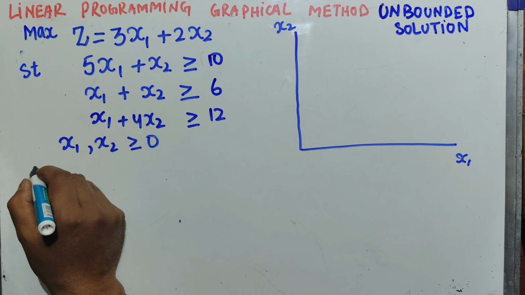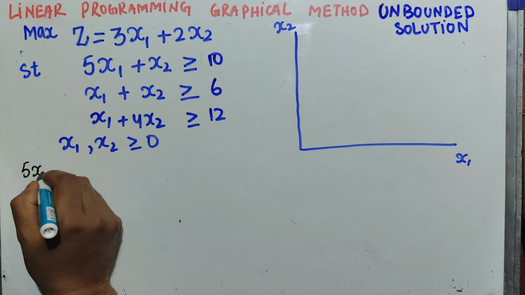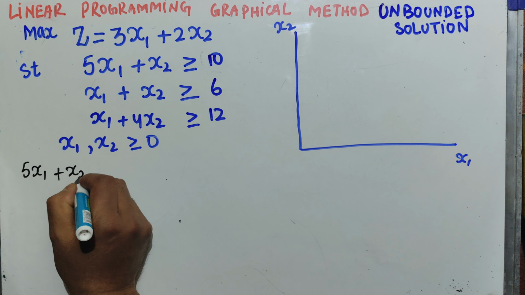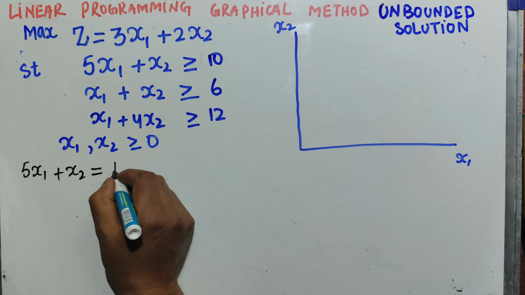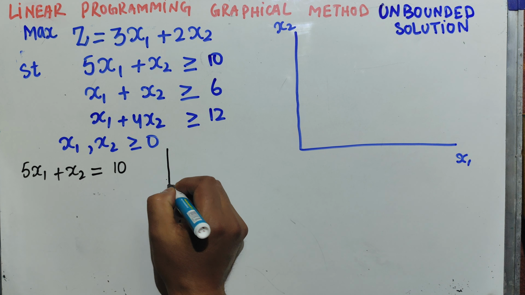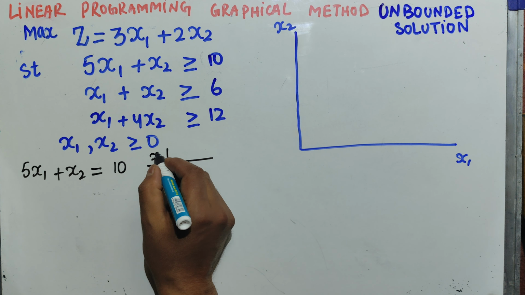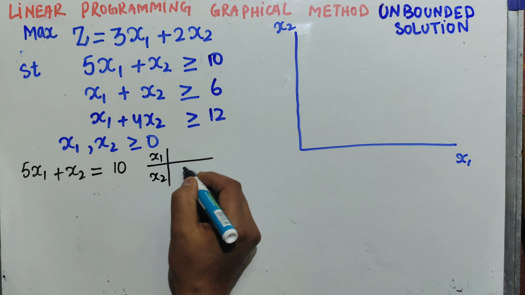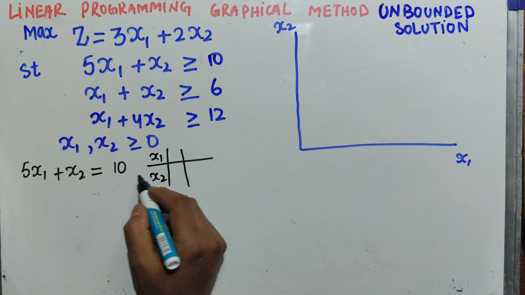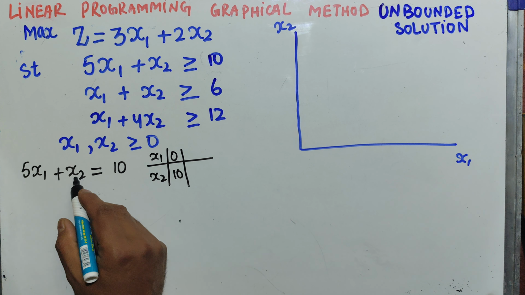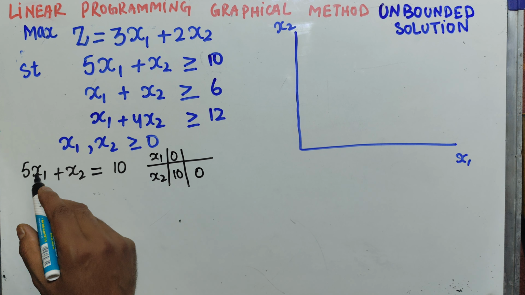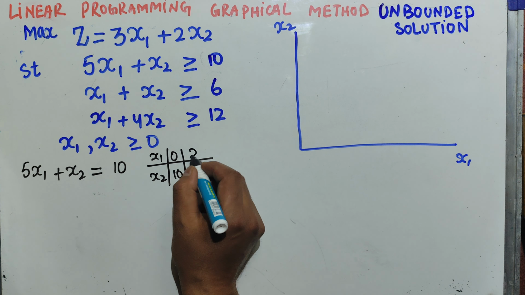So first we have 5x1 plus x2. Let us replace the inequality with equality to solve this. So we have x1, x2. When x1 is equal to 0, x2 will be 10. When x2 is equal to 0, x1 will be 10 upon 5, which is 2.